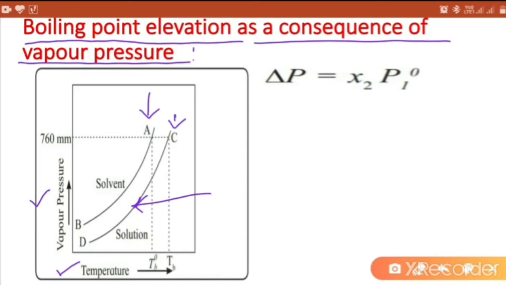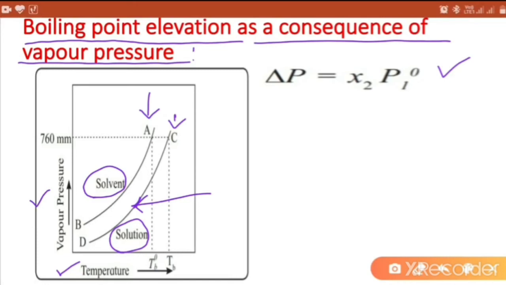Curve AB represents the vapor pressure of solvent. Curve CD represents the vapor pressure of solution. And the difference between the vapor pressures increases as temperature increases, as predicted by the equation delta P is equal to x2 into P10.